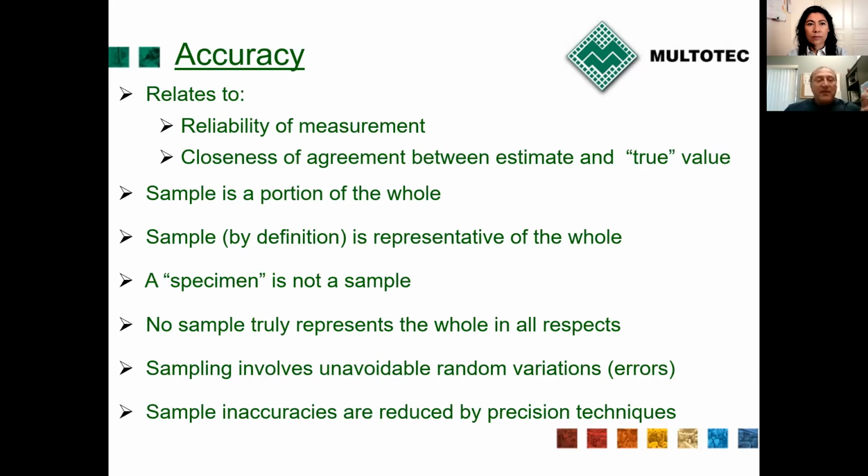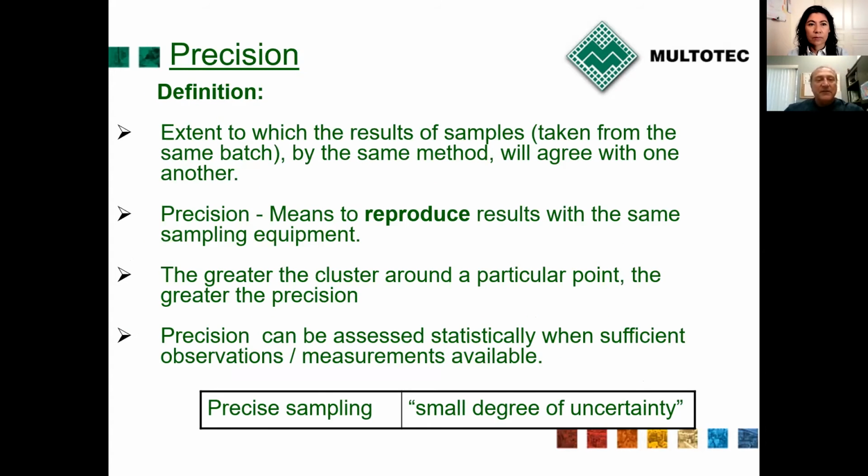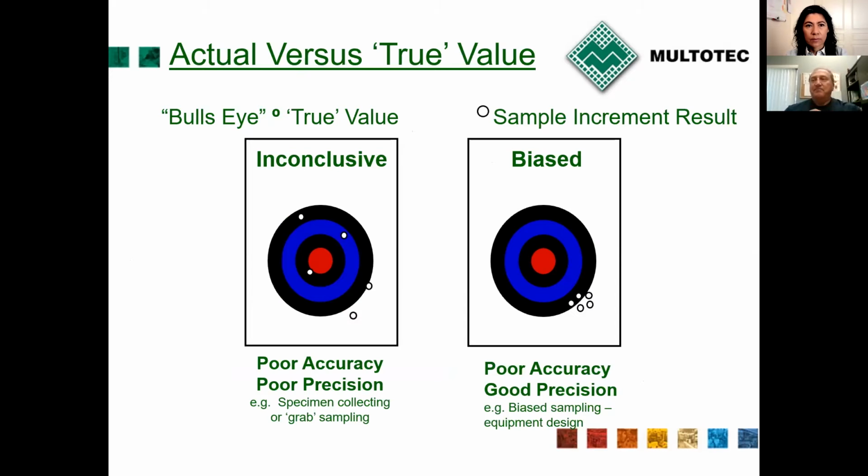Just to give you some example, and let me skip that one because there are a lot of details. So precision, what does it mean? For example, if we have poor accuracy and poor precision, you will have measurements all over the place.